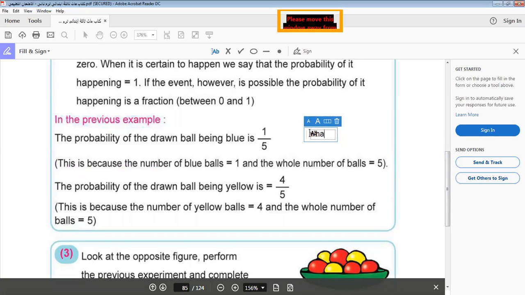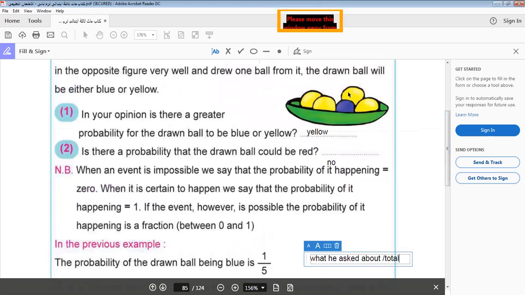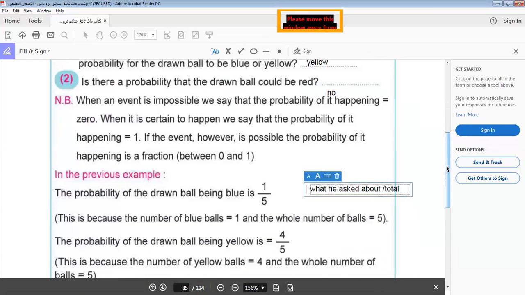Write it down: what he asked about over the total. The probability of the drawn ball being yellow: you have 4 out of the total, so 4 over 5.